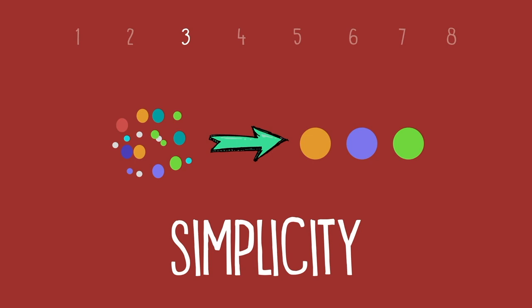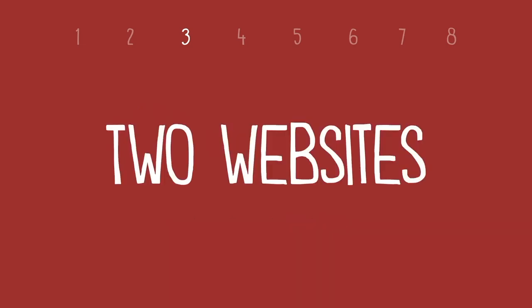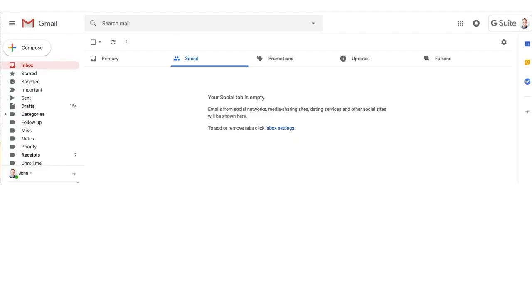In UX design, there's a huge focus on the idea that design should be simple. So I'm going to show you 2 different websites. The first one is Gmail. This is a lot of white space, a lot of negative space. And it's really intuitive and easy to figure out. I have my primary, social, promotions, updates, and forums, so I know it's in different categories.